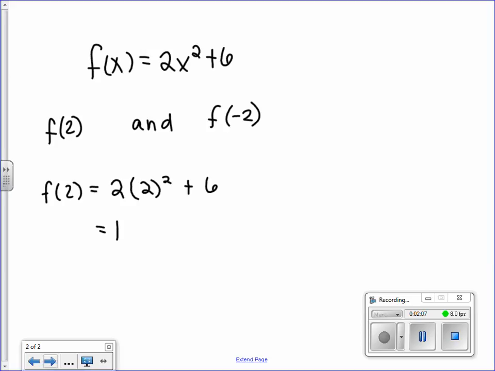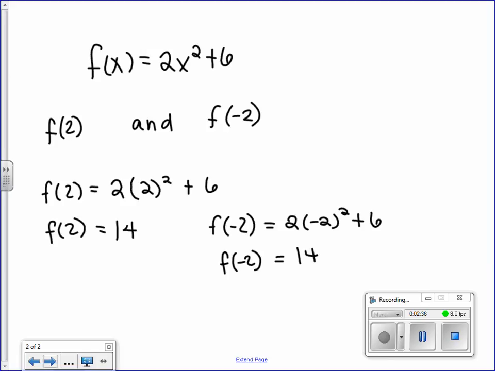What is that, 14? So f of 2 equals 14. f of negative 2 is going to end up being the same thing as squaring it. f of negative 2 would also be 14. You just replace that number in.